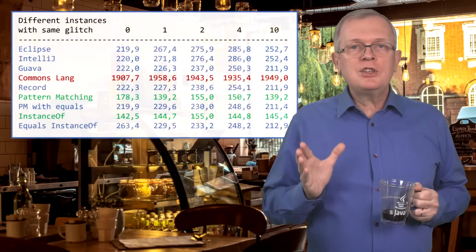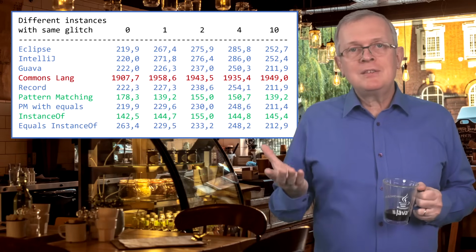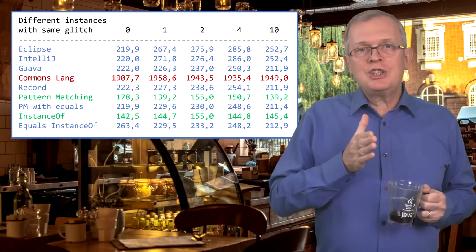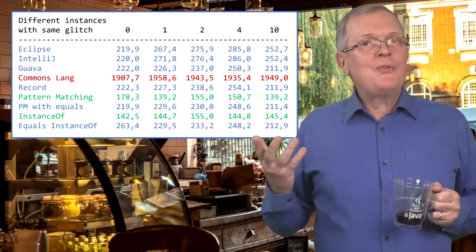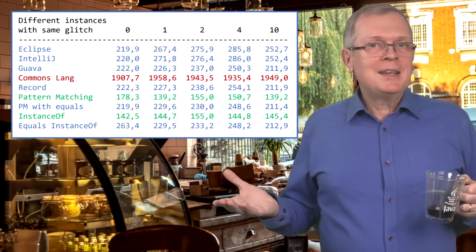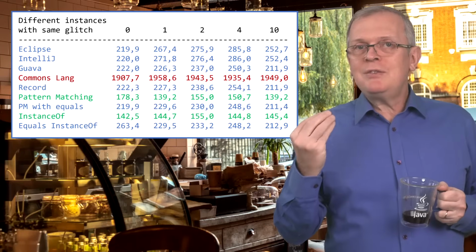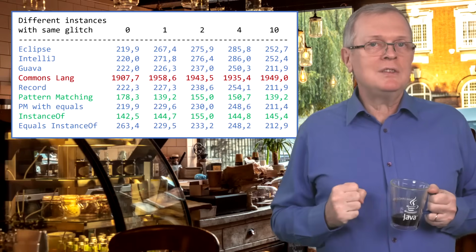In the next two series, we have a list with objects of the same type but different, and in this one the glitch is an object that is always the same instance, and the same instance as the object we check it against. That should favor the solutions that are doing the instance checks, right? Well, it does not, and the reason is that predictive branching is messing with this.